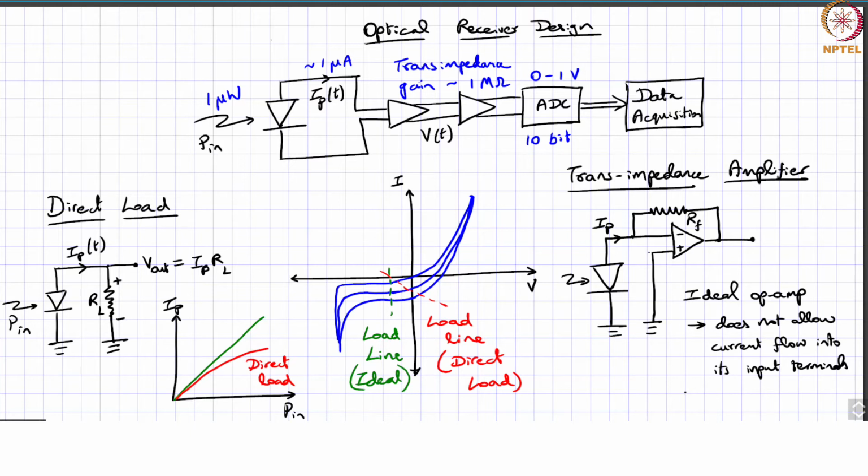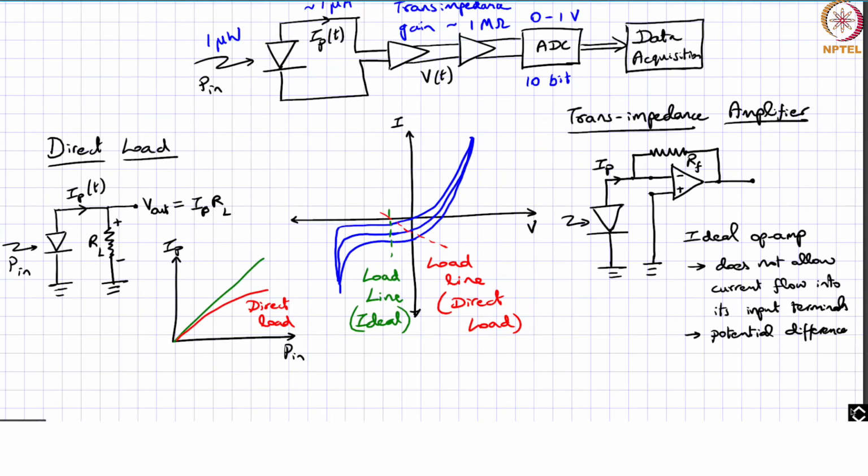The other property of an ideal op amp is that the potential difference across the input terminals is 0.